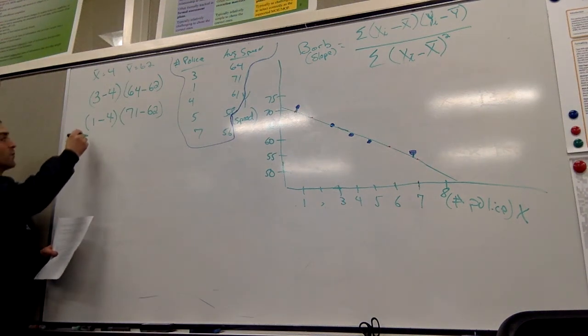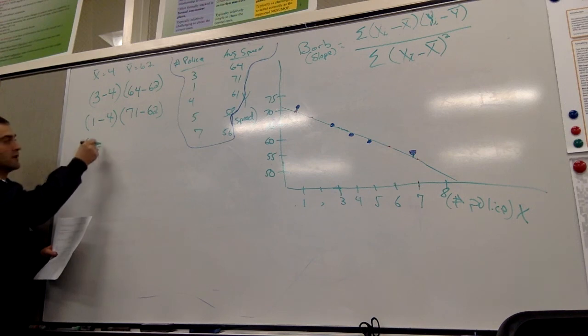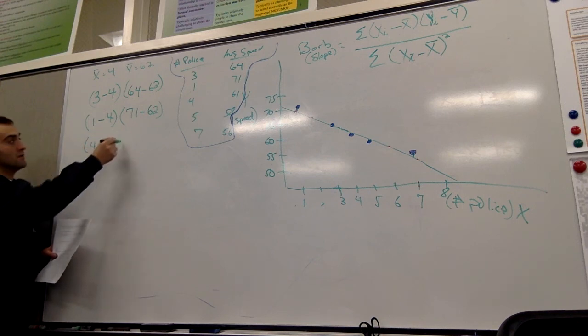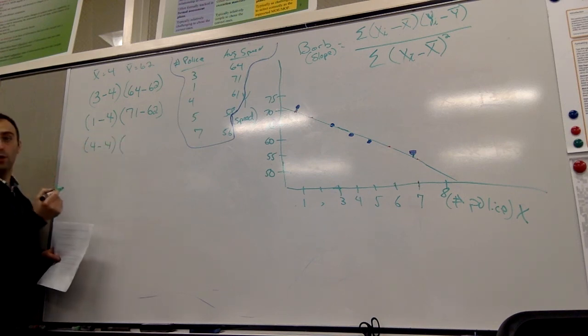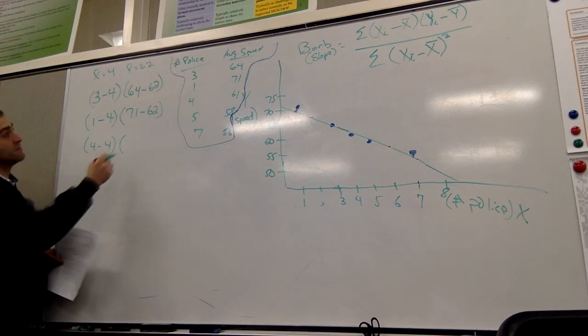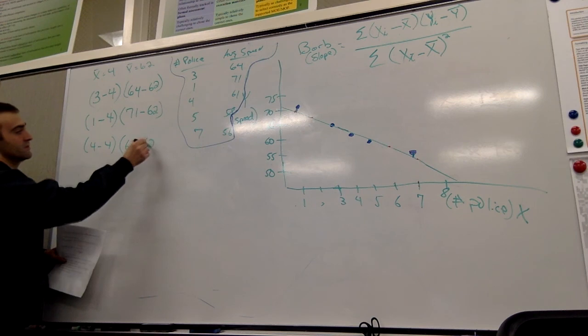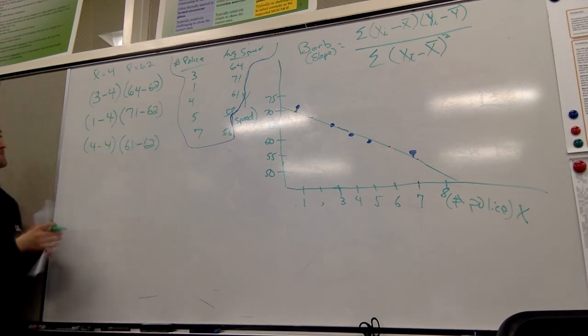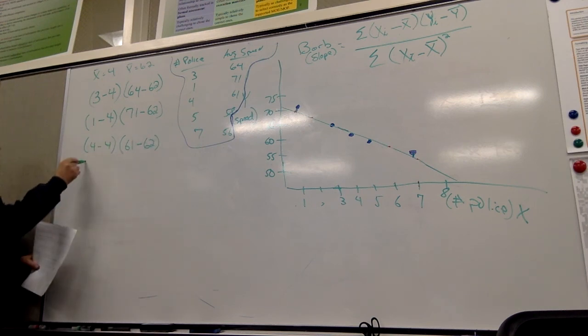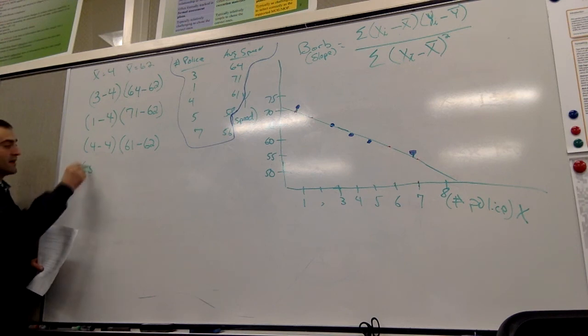Next x of 4 minus the mean of x of 4. That corresponds to a y that we observed of 61 minus 62. Next, we have a value of x of 5 minus x bar of 4.